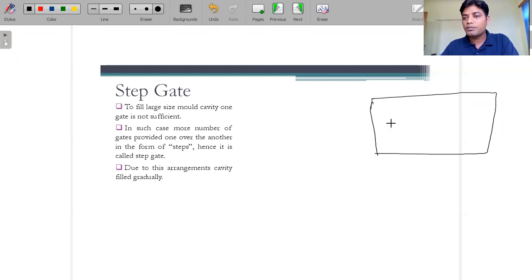So when we are filling this molten material, this much size of molten material we have to fill, so what we can do is we can keep the gate in this side.